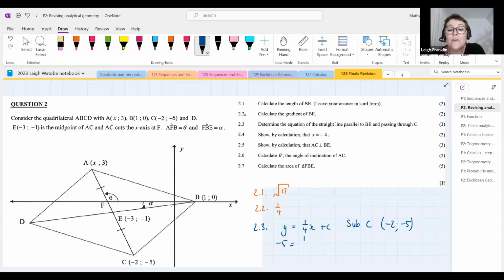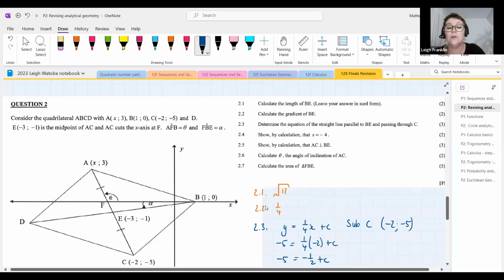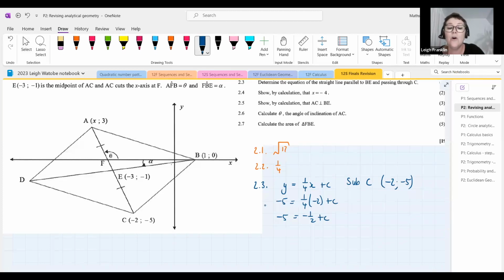So -5 goes over here, 1/4 is multiplied by -2, and you have to work out the size of c. 1/4 times -2 gives you -1/2. So you've got -5 = -1/2 + c. Now take that -1/2 over to the other side, so that's -4.5 or -9/2. So this is y = 1/4x - 9/2.